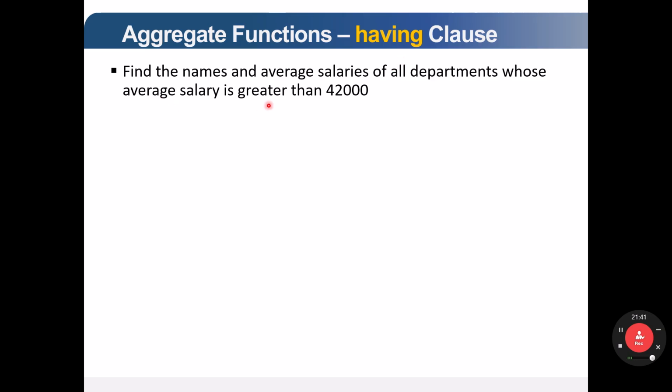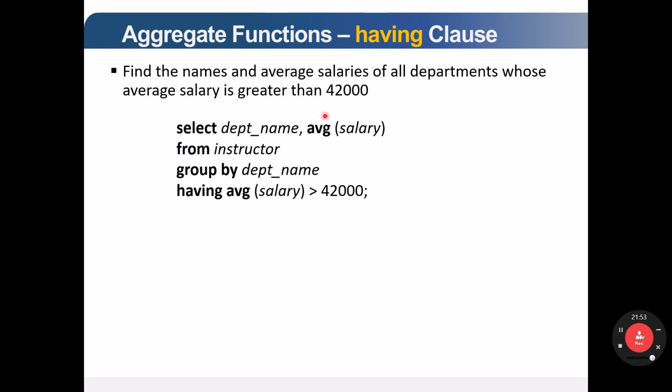If we have this condition in the where clause, it may work, but it will return different results from what we wanted. So here, we first access this instructor table, and we group records using department name. For those records that have the same department name, we apply the average function, and then we check this predicate. That average salary should be greater than 42,000, right?